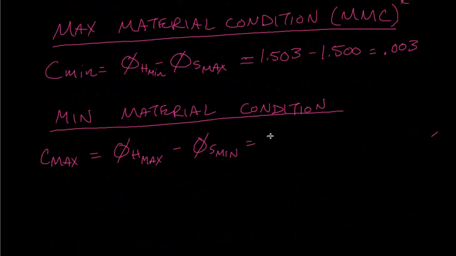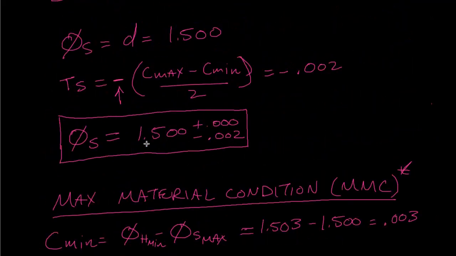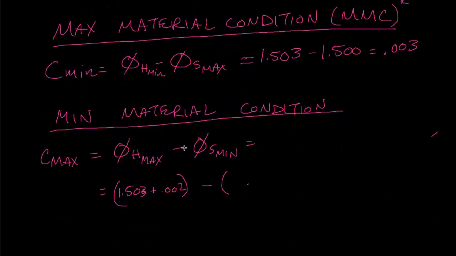So that is going to equal 1.503 plus 0.002 minus 1.500 minus 0.002, and that's going to equal 1.505 minus 1.498.